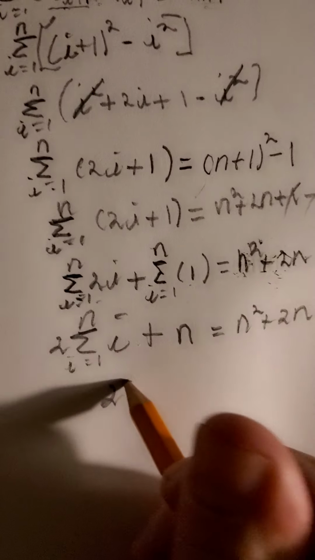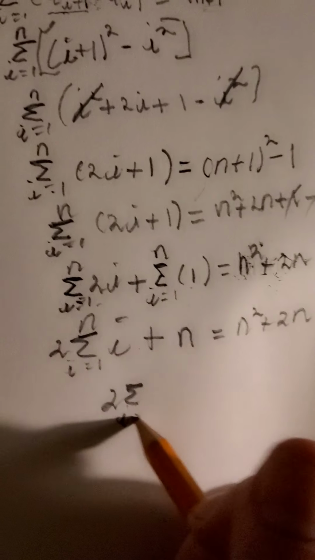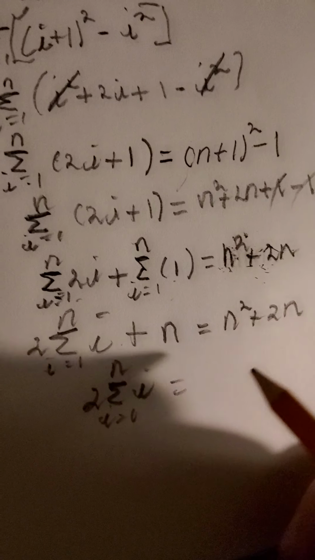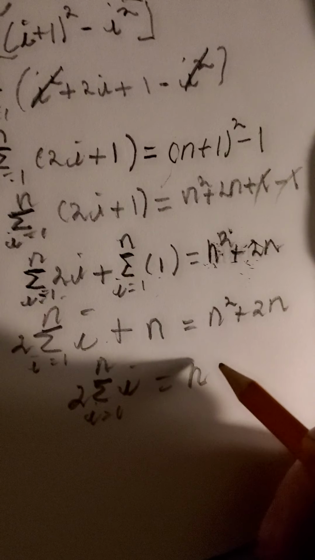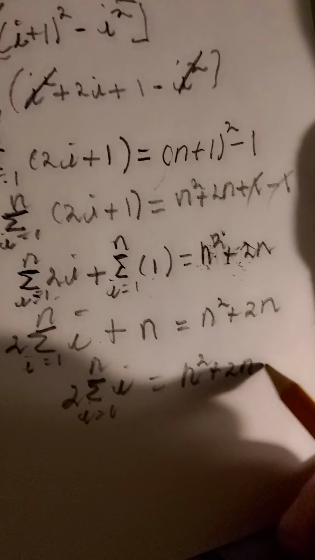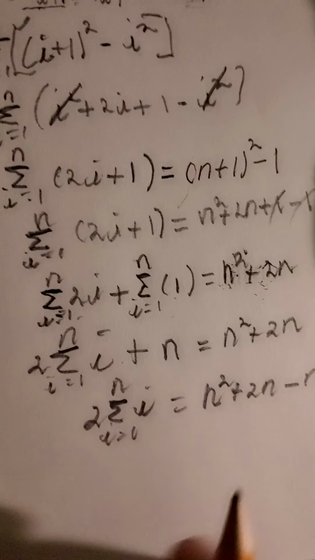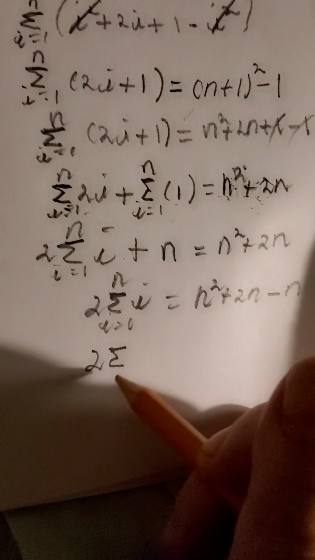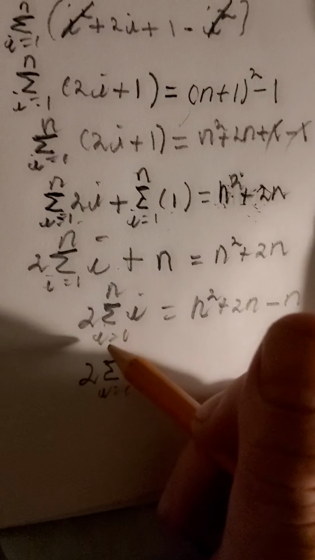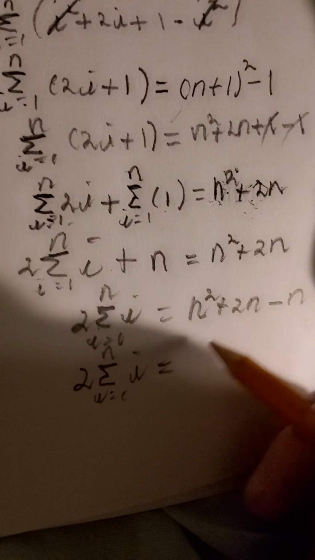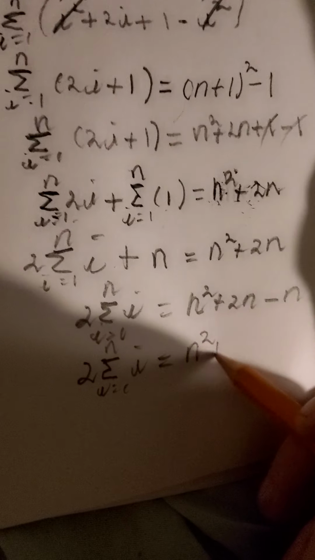And then you have 2 times the summation i going from 1 to n of i equals n squared plus 2n minus n, like that. So you end up with 2 times the summation i goes from 1 to n of i equals n squared plus n.